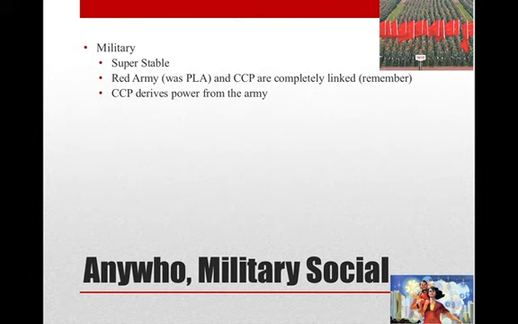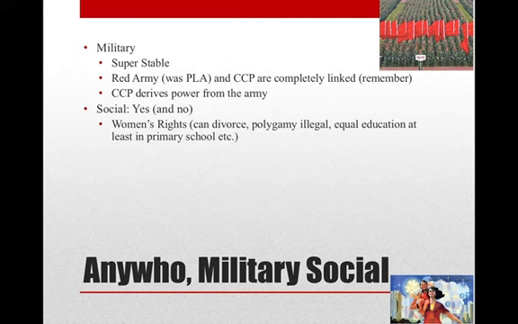The CCP is the party. The PLA is the military arm of the party, but they're together. So the military was always super stable. The military always grows, and the military is where the Communist Party derives its power, because it's really hard to kill 15, 20 million people and starve another 80 to 100 million people if you don't have a really good army. So that's kind of a thing.